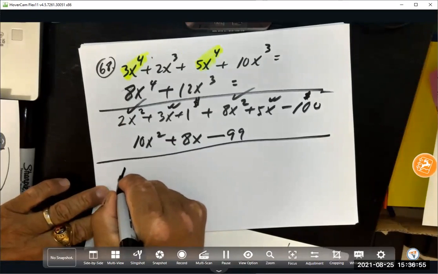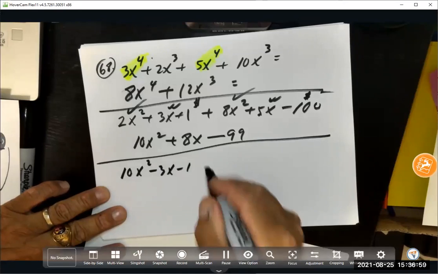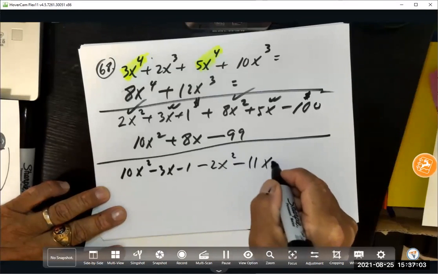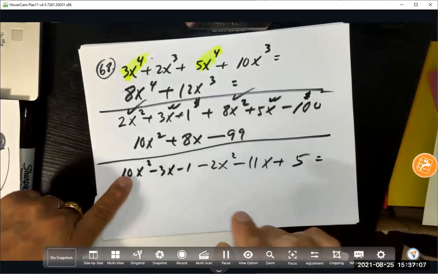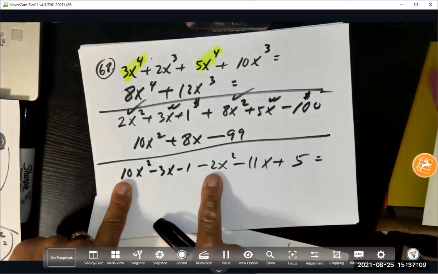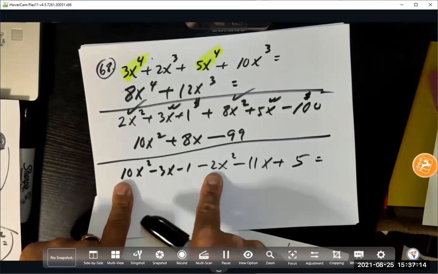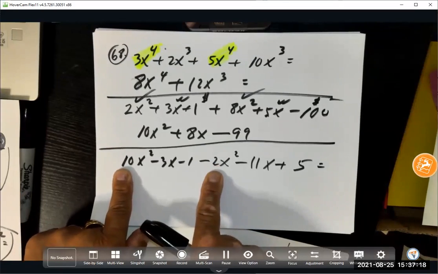How about this one? How about 10x squared minus 3x minus 1 minus 2x squared minus 11x plus 5. All right. Just adding, subtracting. That's all we're doing. Can I put these two numbers together where my fingers are? Yes. What is 10x squared take away 2x squared? 8x squared. Yeah, there you go.